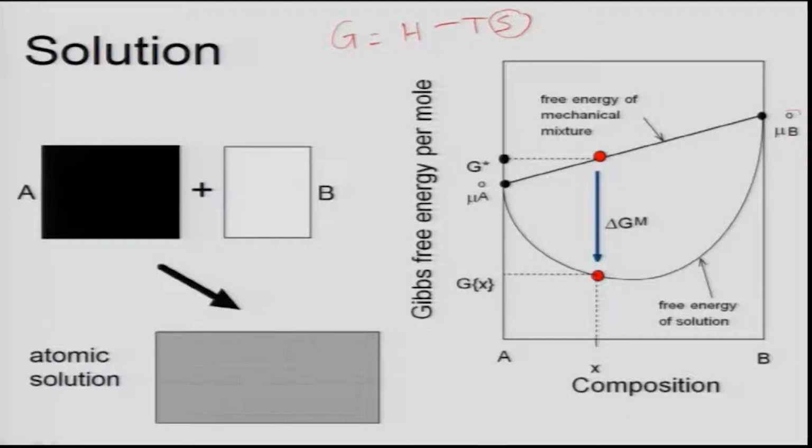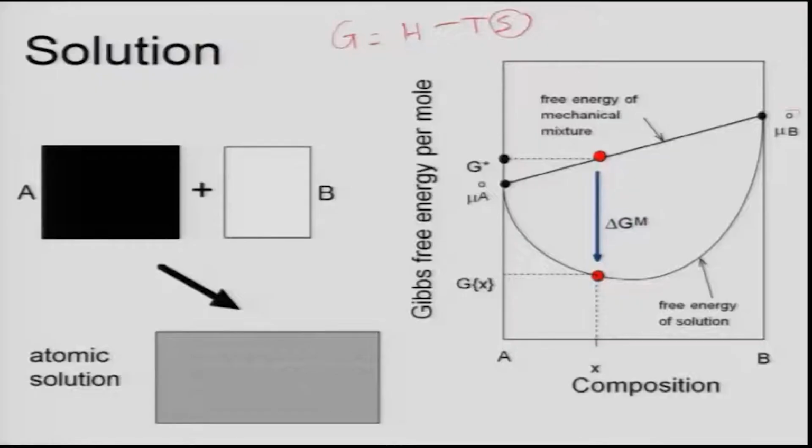Delta G m, what is written here, is the difference of free energy between a solution and a mechanical mixture. That is why a solution is more stable than a mechanical mixture, always. That is why alloys are more stable than mechanical mixtures. That is why it is easy to make alloys, because it is the free energy which stabilizes them.